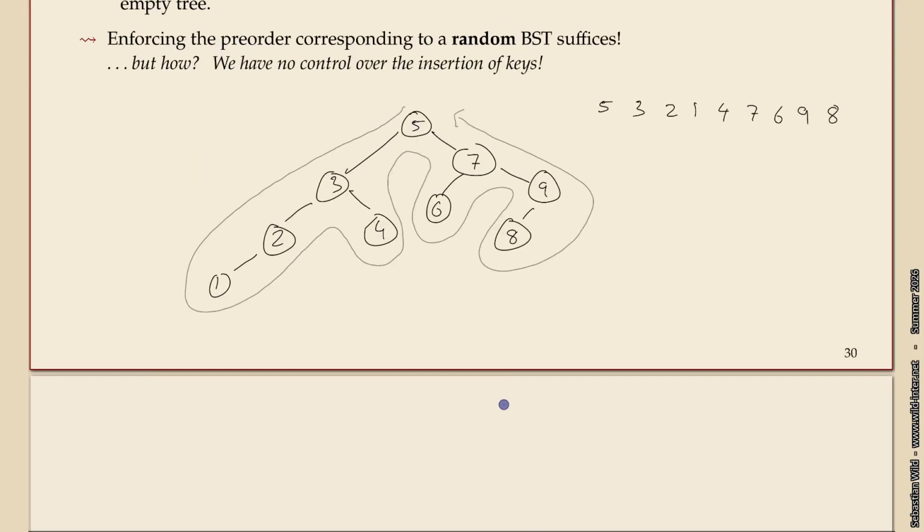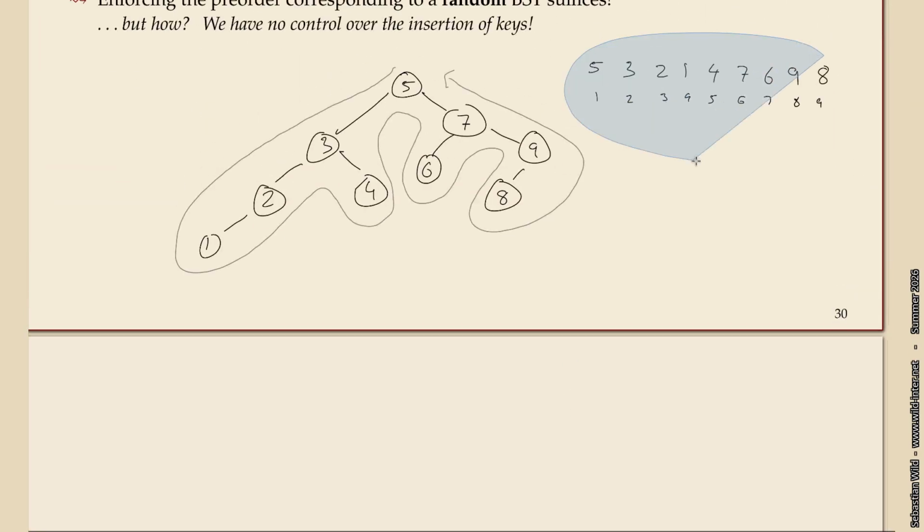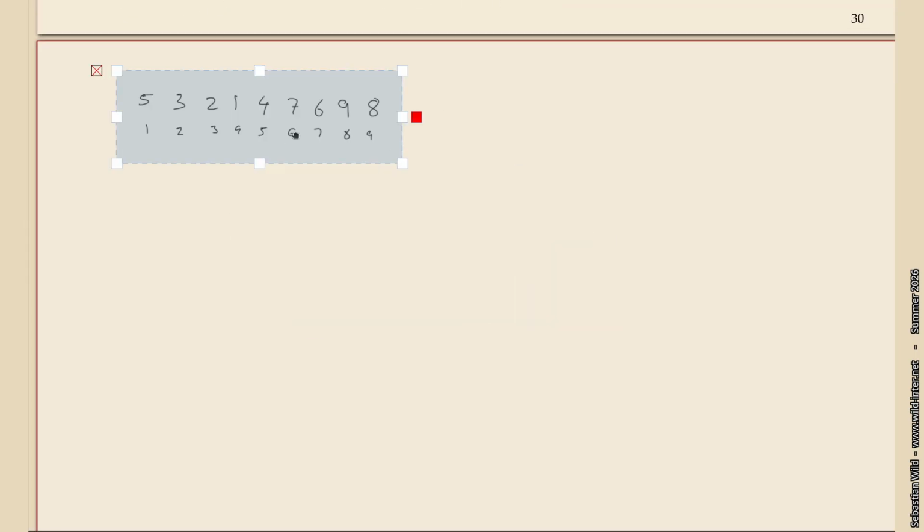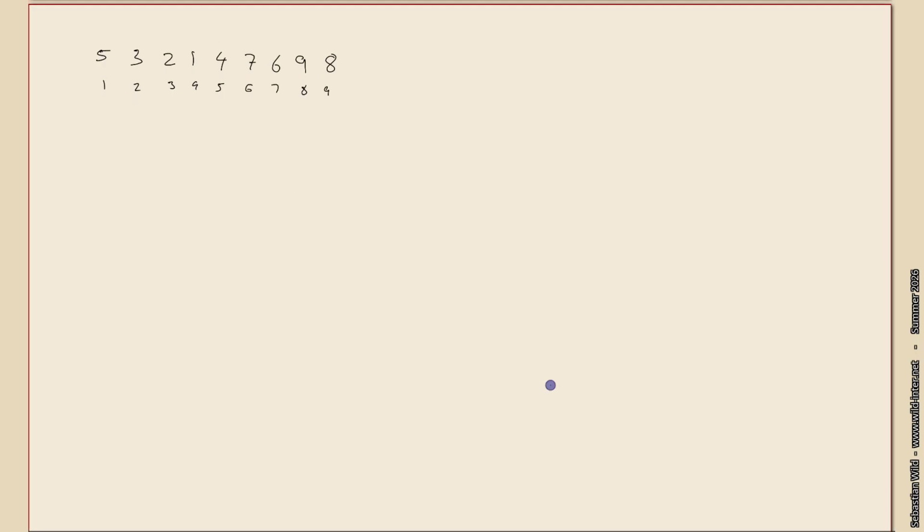For example, let me label these with their position in the pre-order. And now draw a 2-dimensional picture, where on one axis we have the value of the keys. And on the other axis, I have this pre-order index.